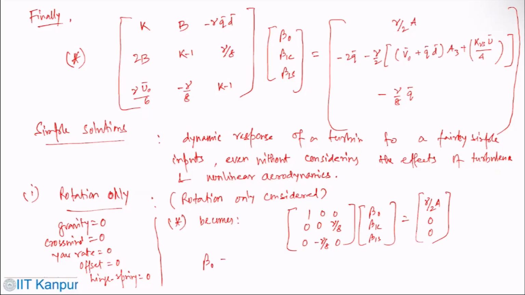What we get is beta naught equals gamma by 2a. There is only coning in this case. What happens is that there is a balance between aerodynamic thrust and the centrifugal force, which determines the flapping angle.